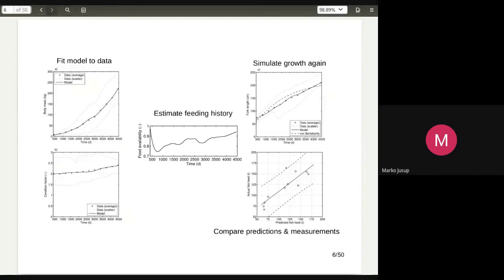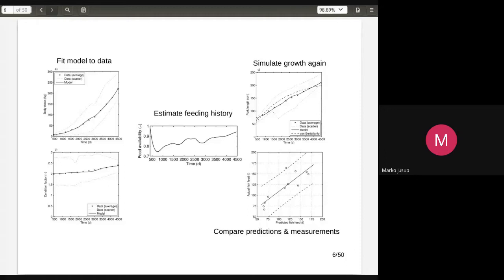This is just one example where, on the left side, we used data and ran the model in the inverse direction. Normally, we would input food and then get growth, maturation, reproduction. So basically, the whole life cycle of an individual from an egg to an adult individual, and then the eggs of that individual.